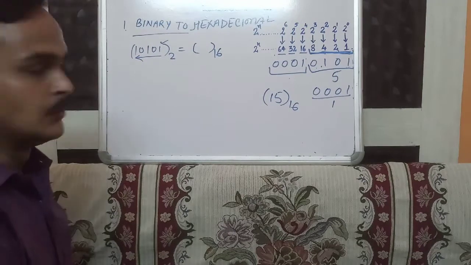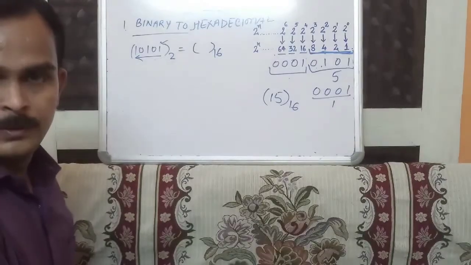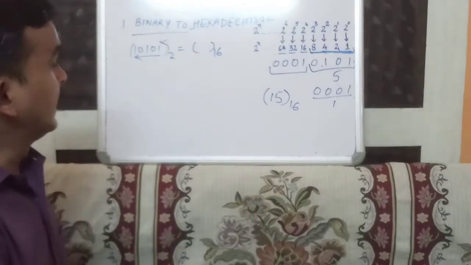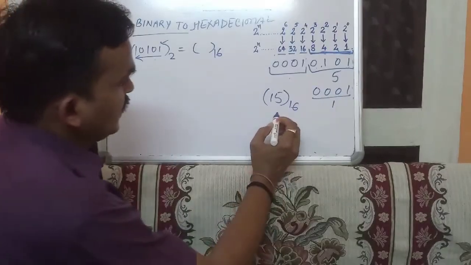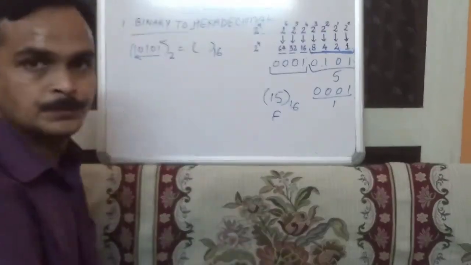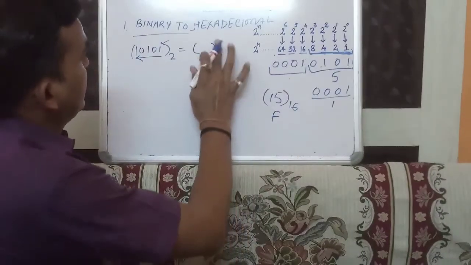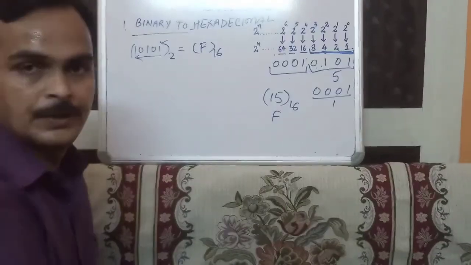Okay. So now if we see the table of 4 binary values, then in hexadecimal the value of 15 is treated as F, right? So we will simply write F in place of 15.